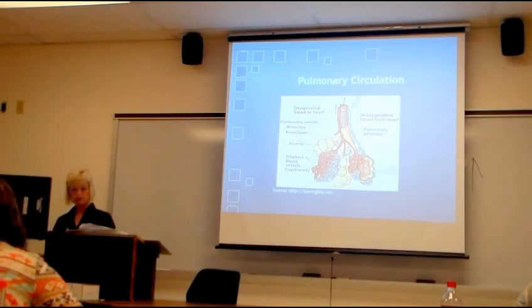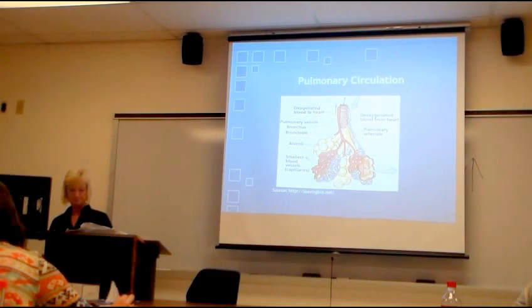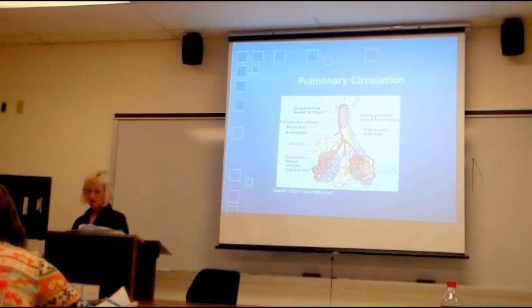And then the pulmonary circulation is the circulation that carries oxygen-poor blood from the right ventricle of the heart into the pulmonary artery, which carries it into the arterioles of the capillary networks into the alveoli.